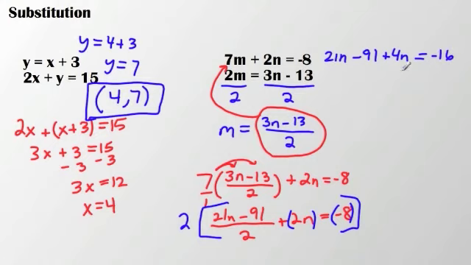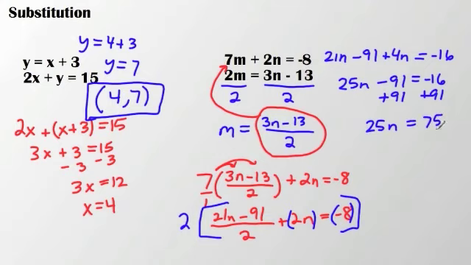Alright, I have 21n and 4n. That gets me 25n minus 91 equals negative 16. And then I add 91 to both sides. And I get 25n equals 75. Haha, very convenient, isn't it?